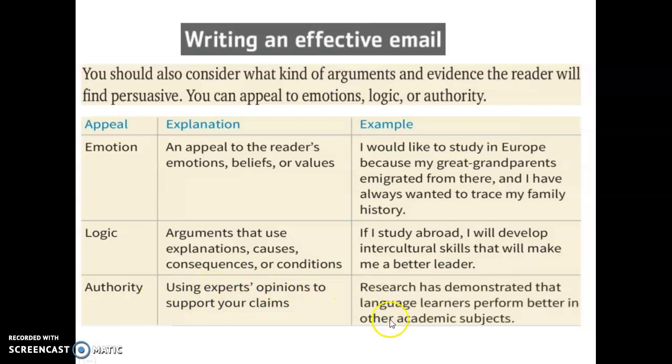An example would be, "Research has shown that language learners perform better in other academic subjects." Here we are deferring to what scientists or researchers say, using their authority to convince our receiver.